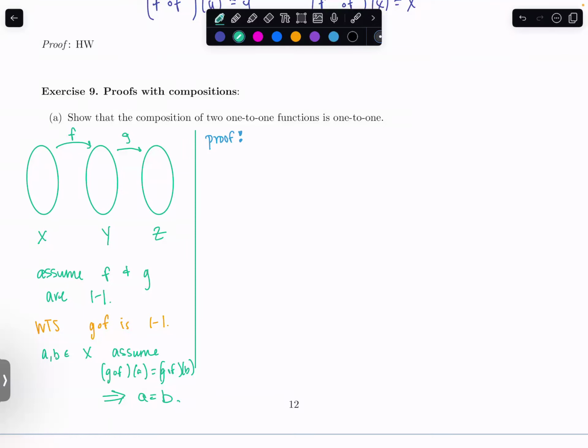We want to show this function that goes from here to here, which is g of f, is one-to-one. All right, so we are going to let f from x to y and g from, say, y prime to z, just call it y to z, be one-to-one functions.